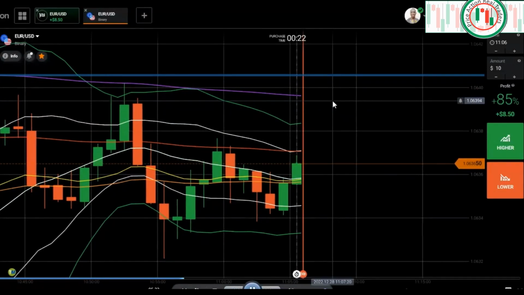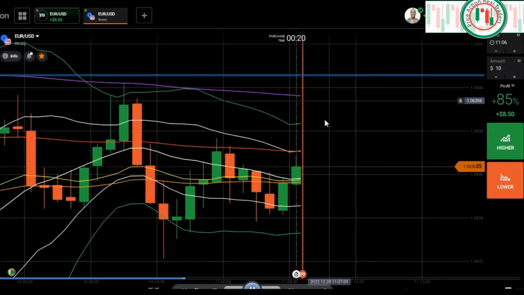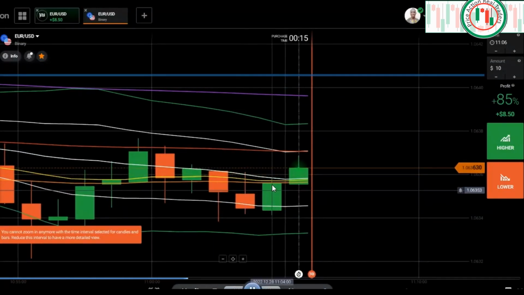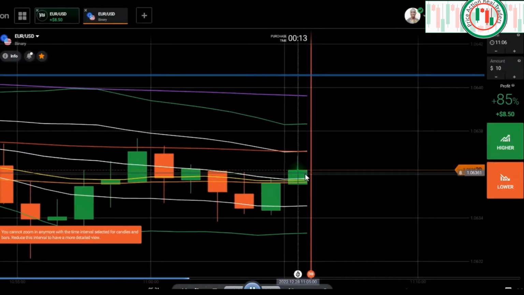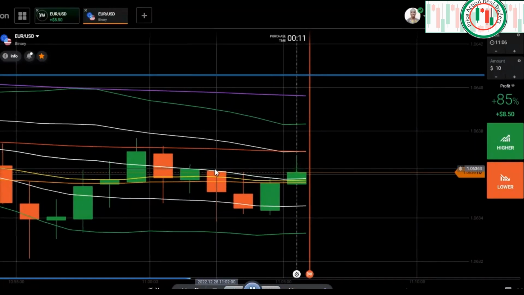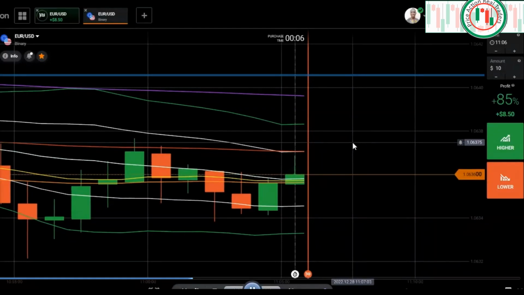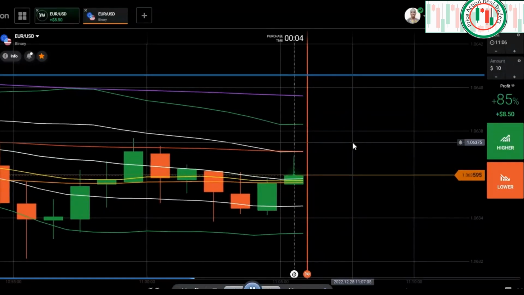You see strong bias entry. Right here is a consolidation area. So in this situation, you see, the bias entry is very strong, so we have to be careful.